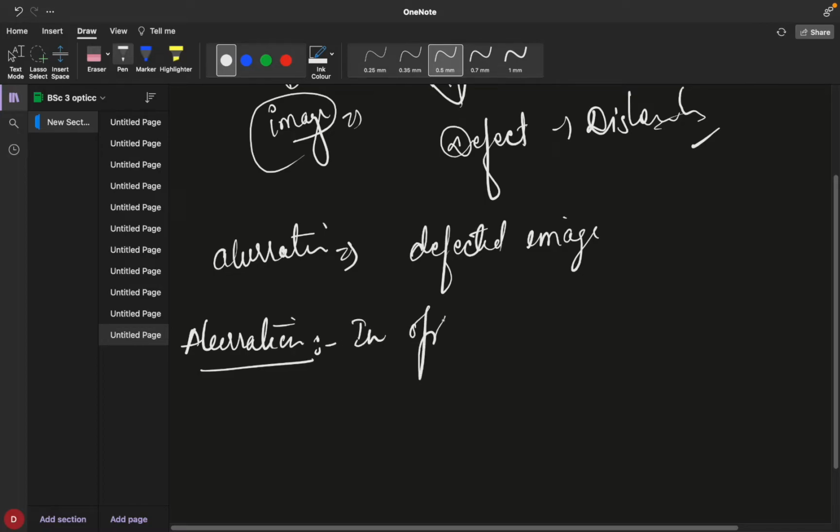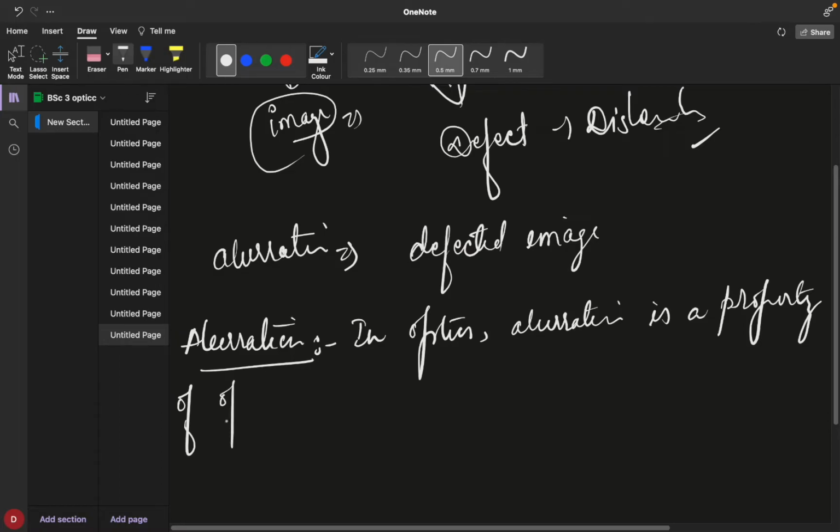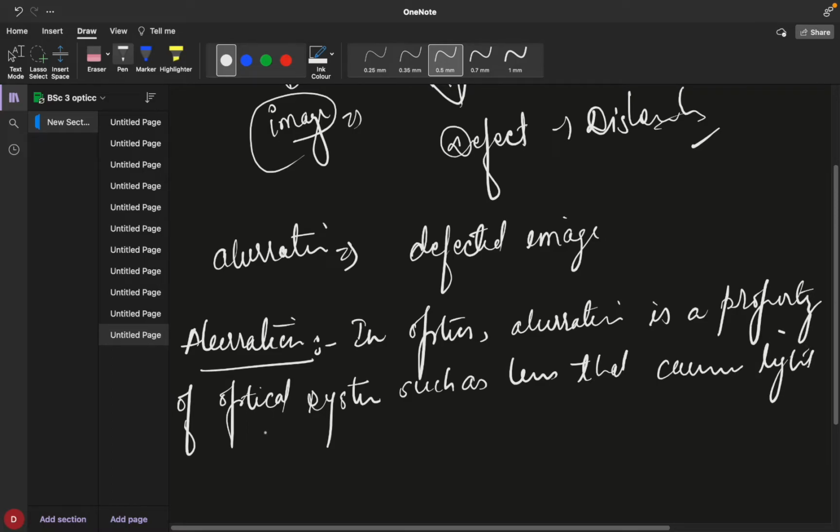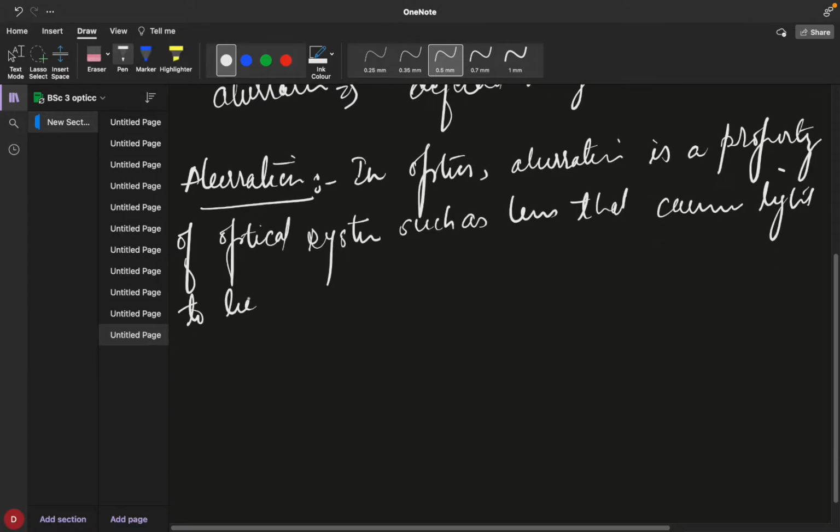In optics, aberration is a property of an optical system, such as lenses, that causes light to be spread out over some region of space.